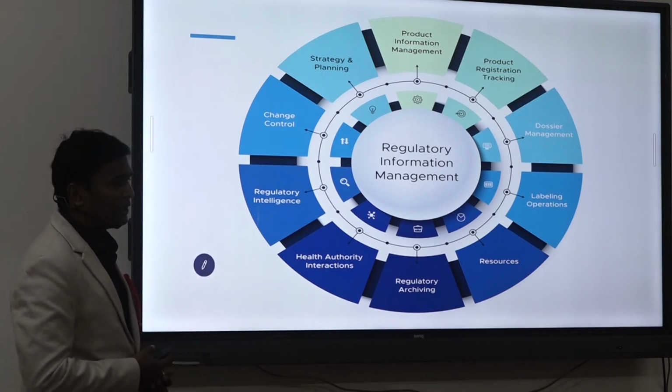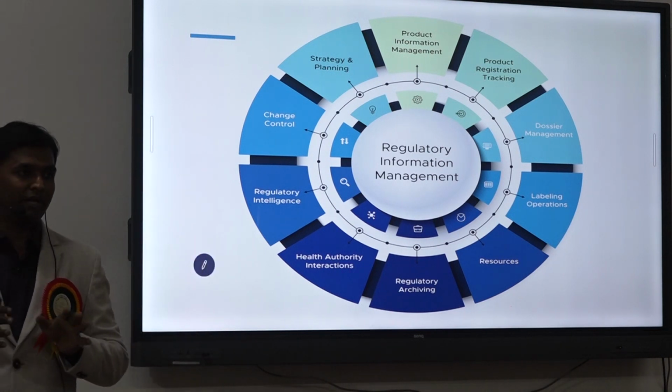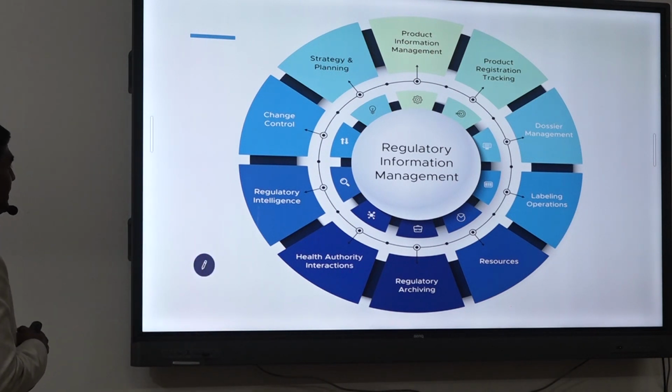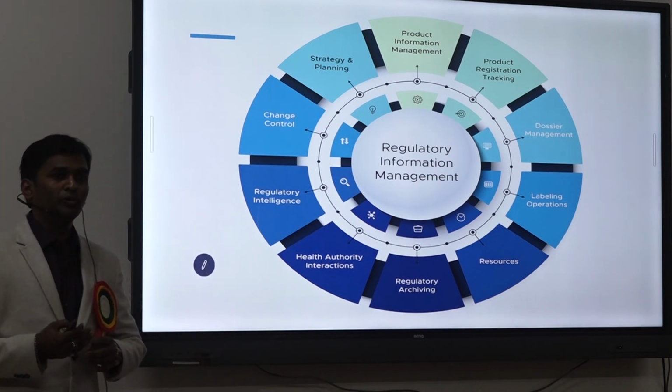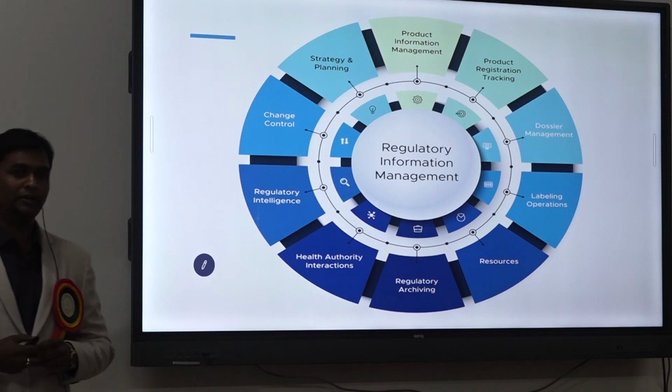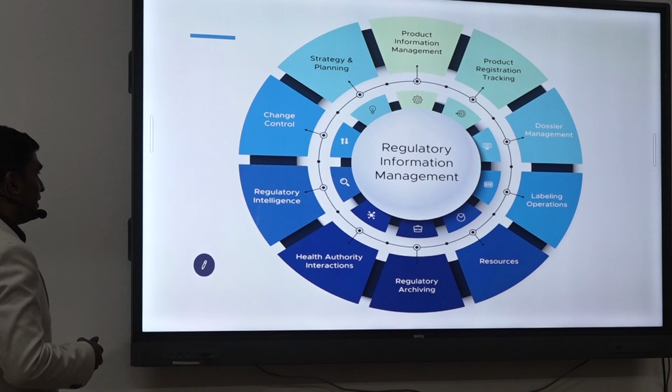Health authority interactions and obligations are tracked in the regulatory information management system. Regulatory intelligence, Amit sir talked about it. I'll give you more insights in my next slide about what other aspects you can learn in regulatory intelligence.